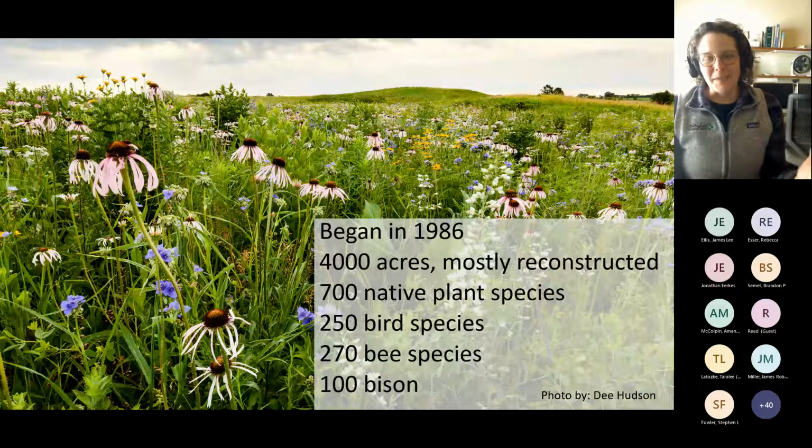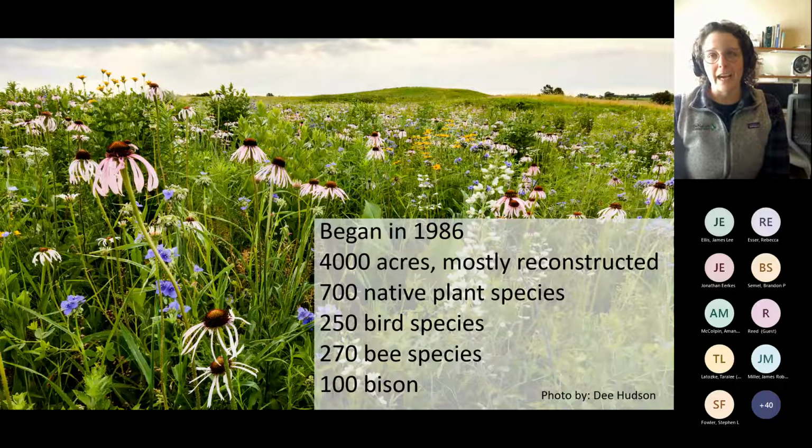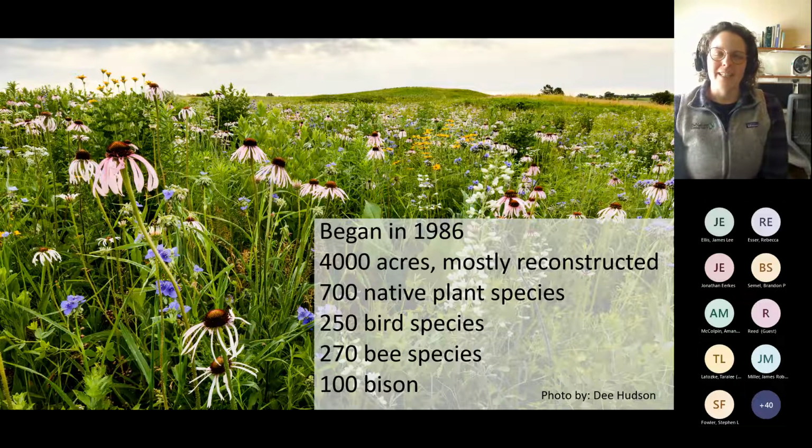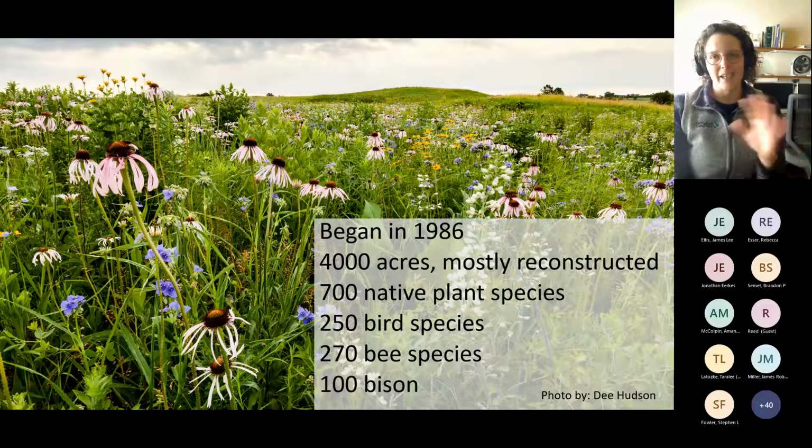From that beginning, as I said, almost 35 years ago, today the preserve is over 4,000 acres, and most of that is reconstructed tallgrass prairie that has been planted into former agricultural fields. It does include some additional sandy hilltop remnant prairies, which will make an appearance later in this talk, as well as some areas that we categorize as savanna, where it does have more presence of oak hickory trees and a partially open canopy.